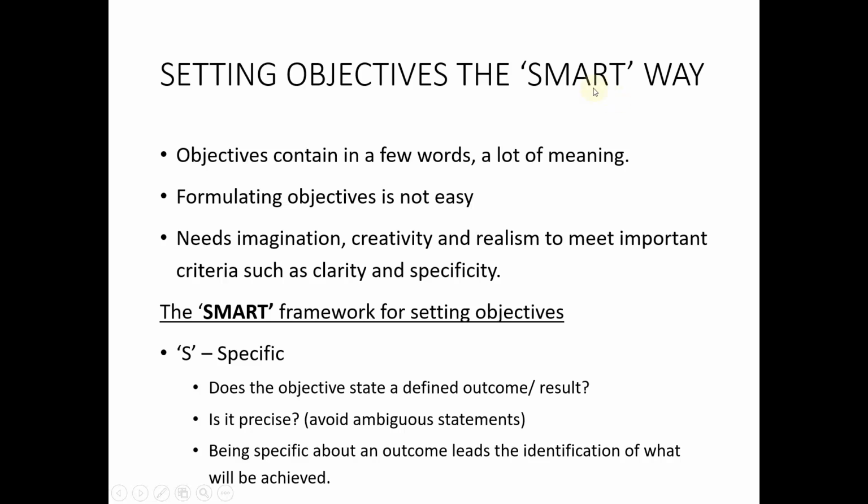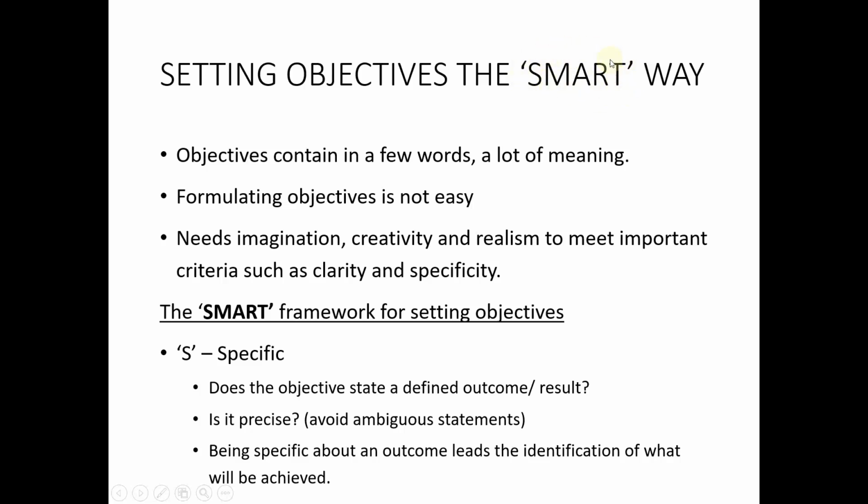Now, what is the SMART way? That is one of the methods by which we can set the objectives. SMART actually is an acronym or a short form. The letters S, M, A, R and T have their own different meanings in this word SMART.